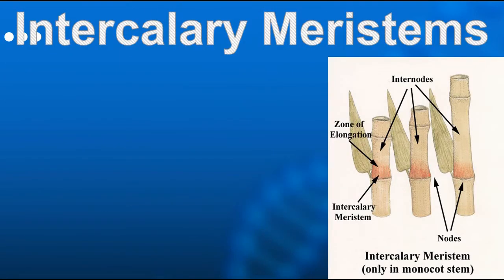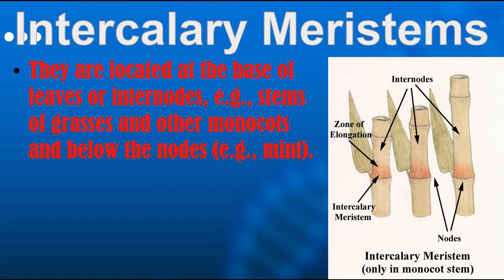Now let's look at the intercalary meristems. They are located at the base of leaves or internodes, for example, stems of grasses and other monocots, and below the nodes, for example, mint. The location of the intercalary meristem is that they are present in the internodes.